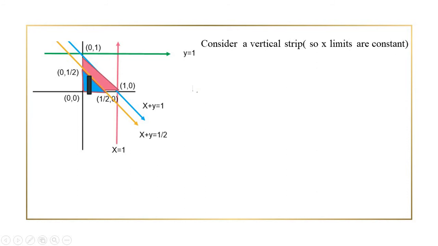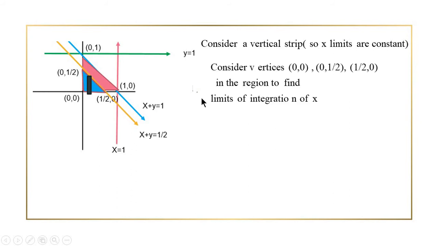X is always constant, so the limits of y will keep on changing. Let us consider the vertices of the blue colored region, which are 0, 0, 0, half and half, 0. From these vertices, the value of x is from 0 to 1 by 2. Therefore, the limit of x is 0 to 1 by 2.